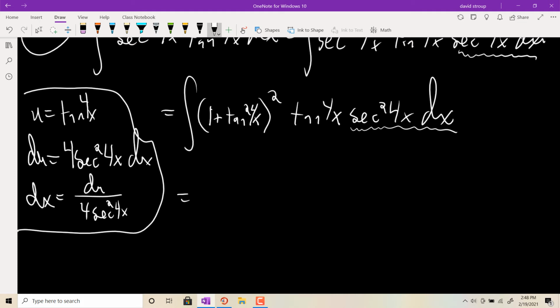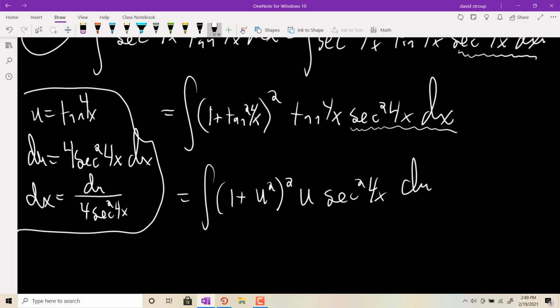There's a factor of 1/4 we have to deal with, but we'll just factor that out. So I got 1 plus u squared, times u times secant squared 4x dx, which is du all over 4 secant squared 4x. And we have a nice cancellation.